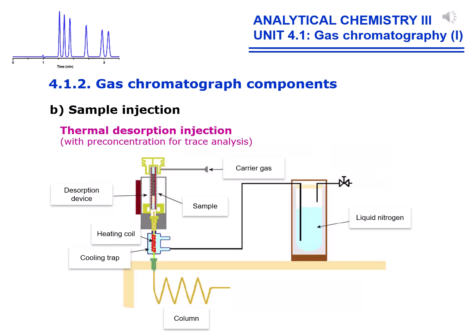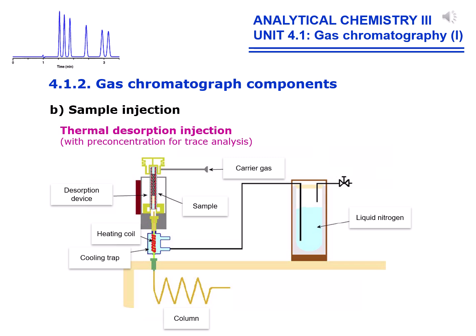Apart from those two direct injection systems, there are other injection options in gas chromatography. One widely used is thermal desorption. As shown in the slide, it consists of an oven where the sample is desorbed from a vial or a column at a chosen temperature under a stream of carrier gas.